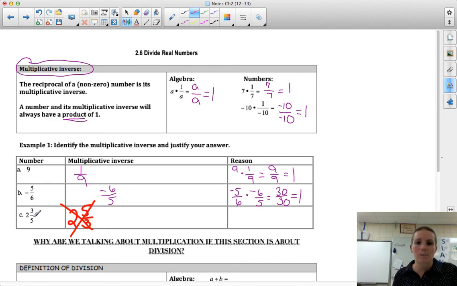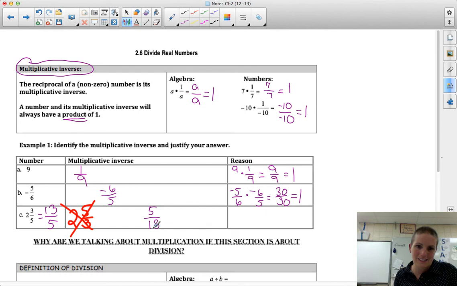When you're given a mixed number and asked to find the multiplicative inverse or the reciprocal, what you need to do first is change it into an improper fraction. So we do the whole number times the denominator, that's 10, and add 3 extra pieces or 3 extra fifths. So we end up with the fraction 13/5. And now we can do the reciprocal.